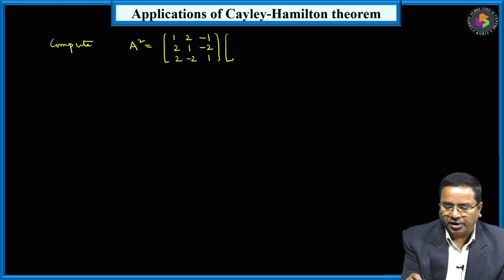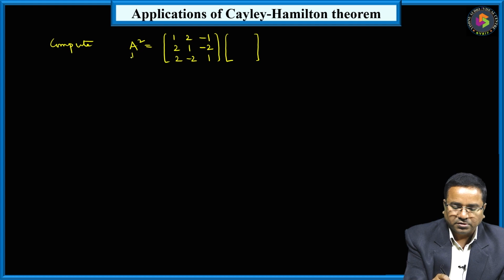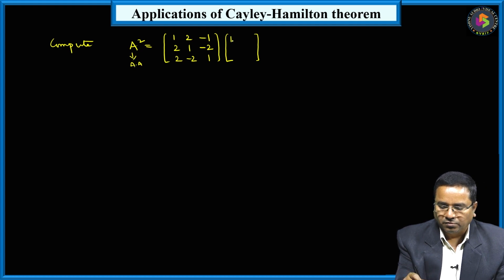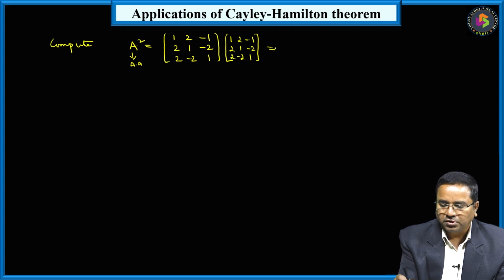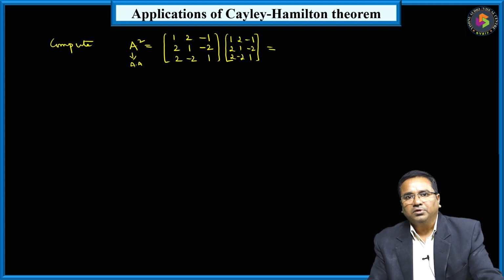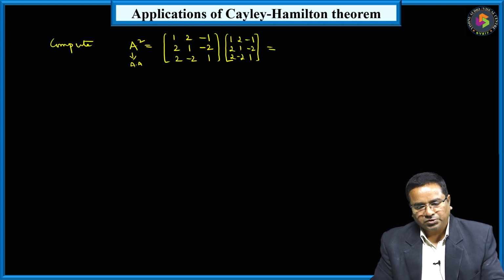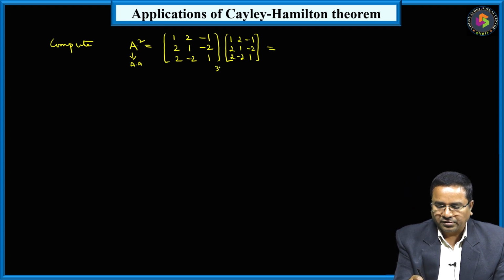And A times A is A square. Again, this is nothing but A times A: 1, 2, minus 1, 2, 1, minus 2, 2, minus 2, 1. So we know the multiplication rule. If we multiply a 3 by 3 matrix by a 3 by 3 matrix, the resulting matrix will also be 3 by 3.